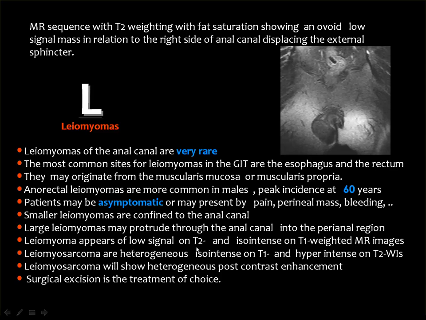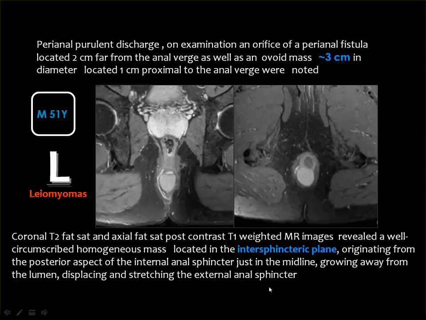Leiomyomas have a low signal in T1 and intermediate signal in T2 weighted image, and they show some homogeneous contrast enhancement. But leiomyosarcomas will show heterogeneous signal in both T1 and T2, and they will show heterogeneous post-contrast enhancement.